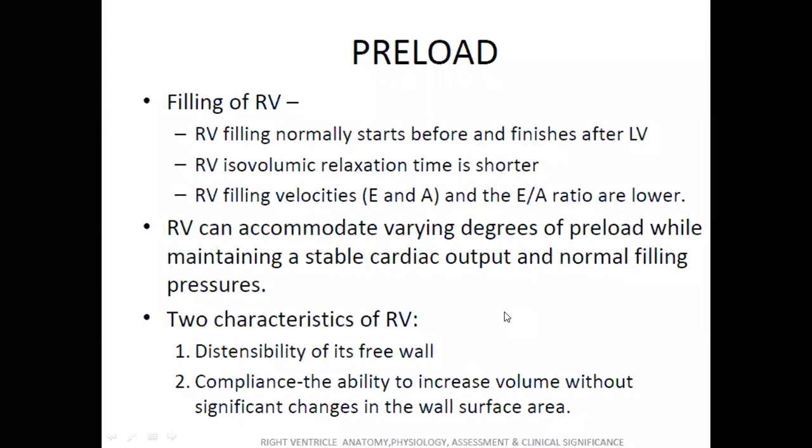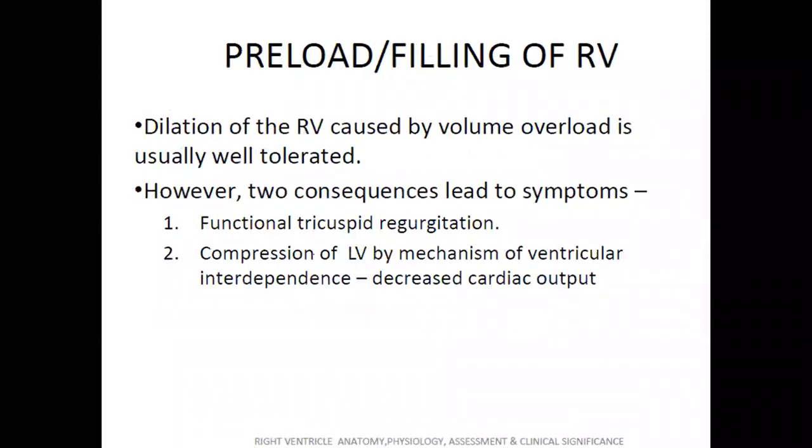So in the presence of volume overload, these things result in symptoms. One is the limitation by the pericardial constraint. The other is the squishing of the left ventricle, resulting in underfilling, which results in symptoms. This I just discussed.